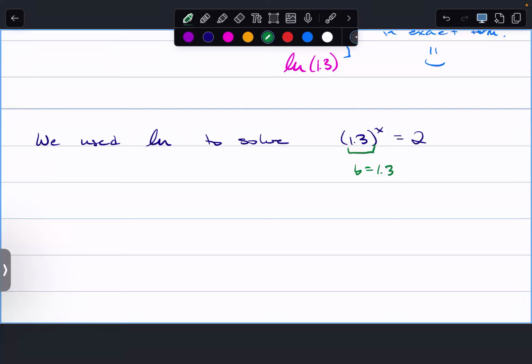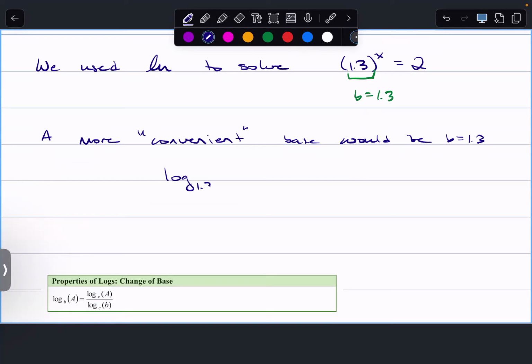So we could have used log base 1.3. A more, I'm going to say convenient in quotes, because I don't think it's actually that much more convenient, but it is a little bit cleaner. A more convenient base would be b equal to 1.3, which would look like this.